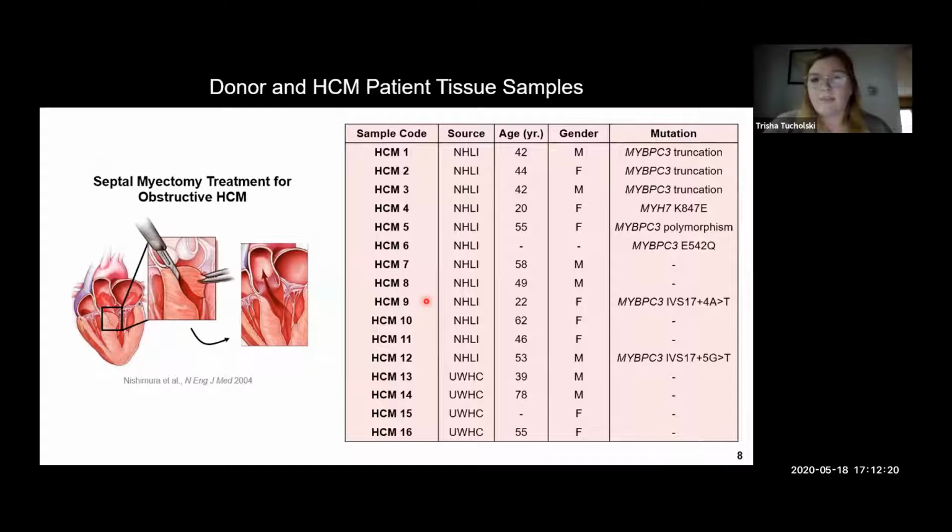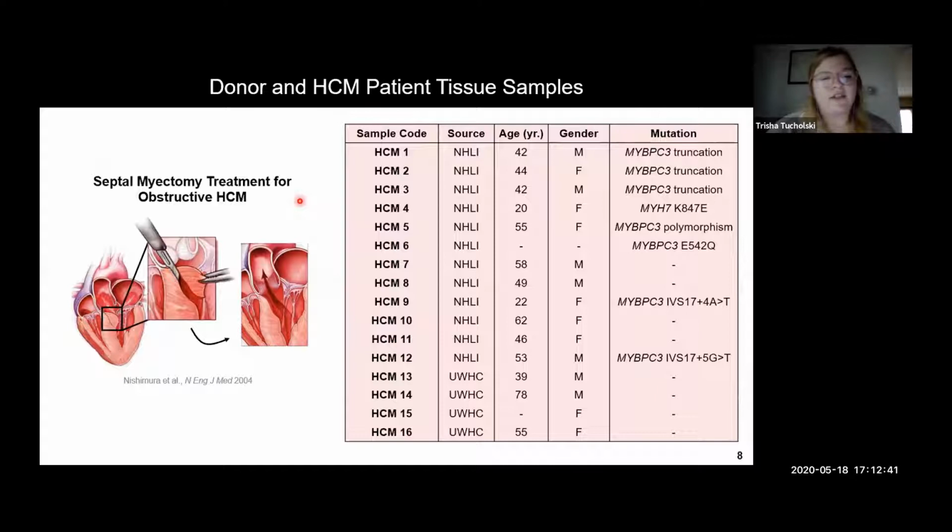So for the HCM patient tissue samples, we were able to obtain 16 different samples from HCM patients. If you're unfamiliar with HCM and the treatment for HCM, this disease is characterized by a thickening of the left ventricle wall and also the septal wall.